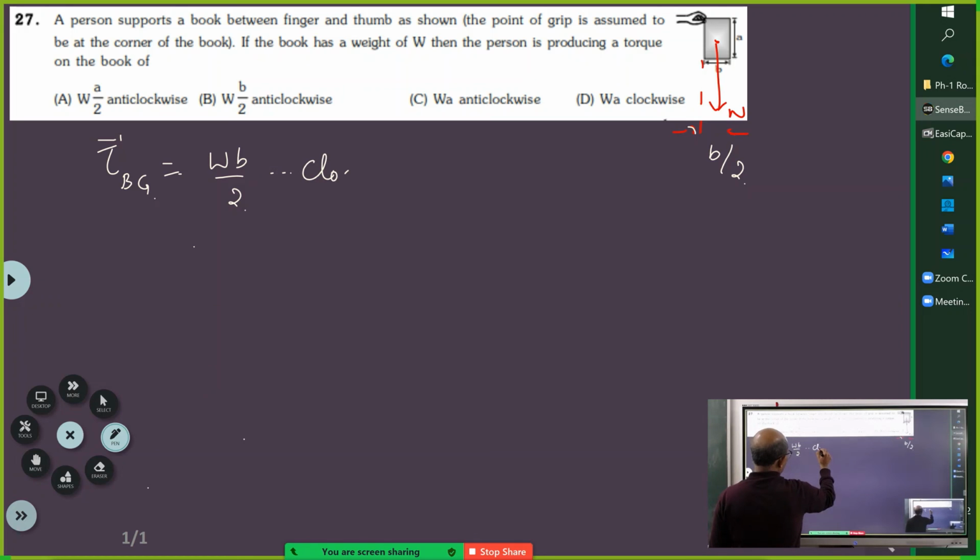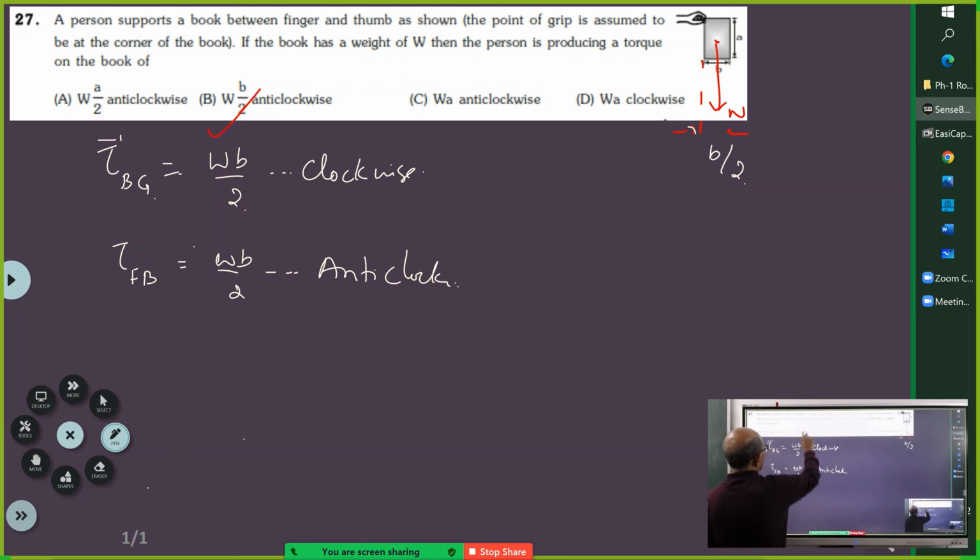Now, if your finger has to oppose this, then the torque applied by the finger on the book should also be equal to W B by 2, but it should be anti-clockwise. So this is the option, right?